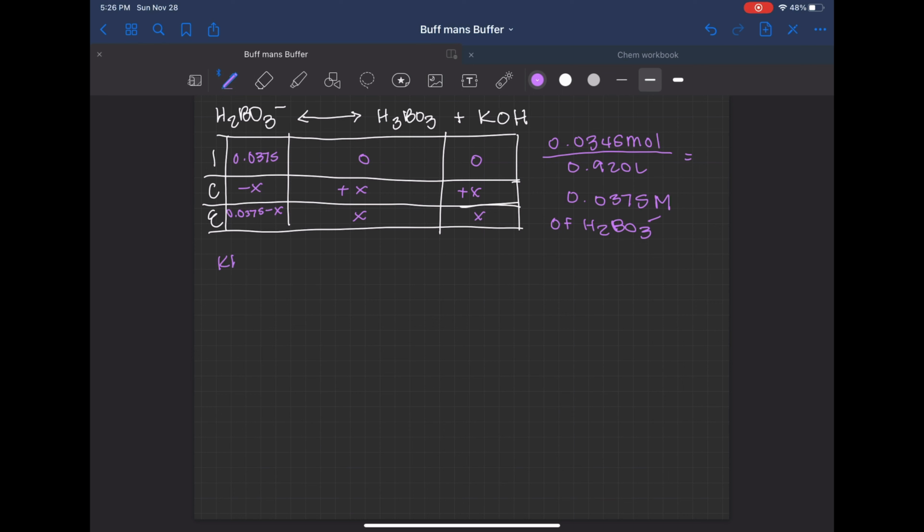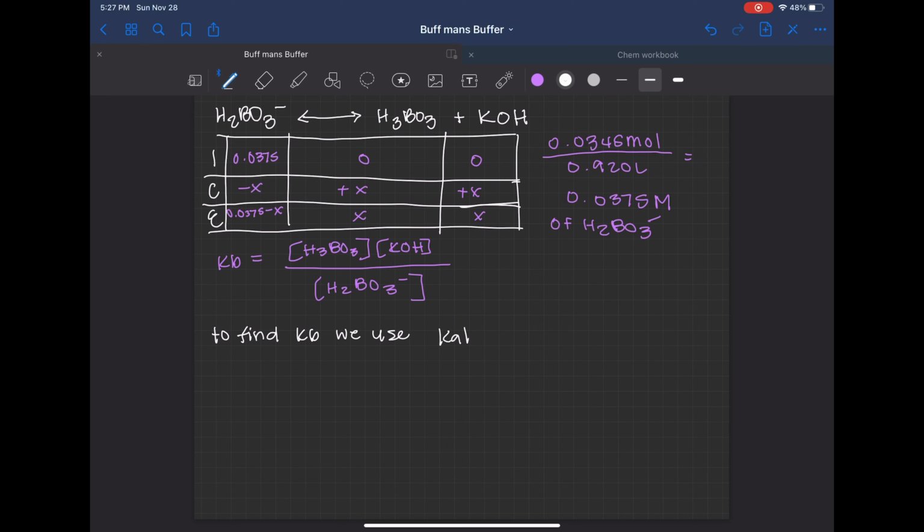Since we started off with a base, we'll be constructing our reaction quotient using Kb, which we'll solve in a moment here, and we'll do our products, which is our boric acid and our potassium hydroxide, over dihydrogen borate. Now to solve for Kb, we'll be using our water constant Kw to get Kb from Ka.